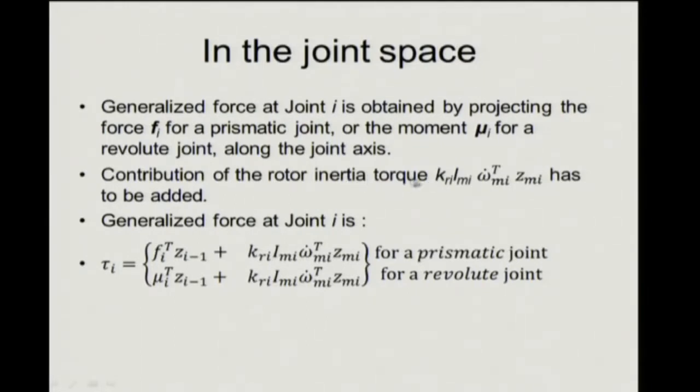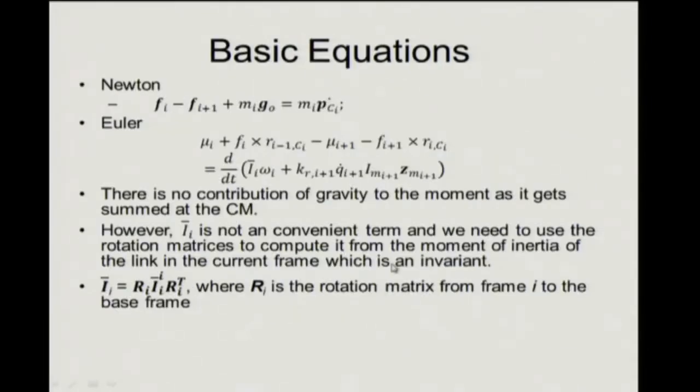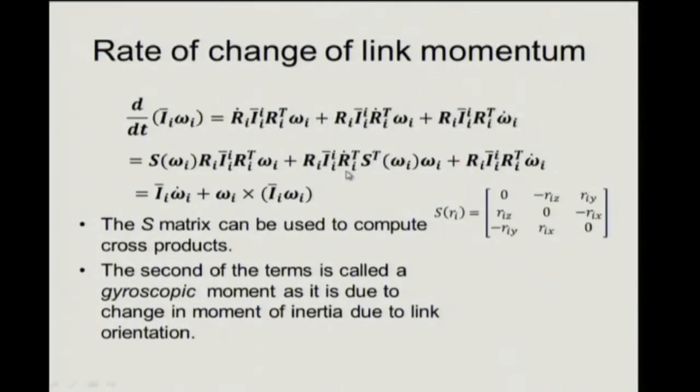And then to this you add the contribution of the inertia torque, so that you get these values for the prismatic joint and for the revolute joint. So, that gives you the joint torques and the joint forces. Finally, there are two terms here: there is p C I double dot and there is omega I dot.